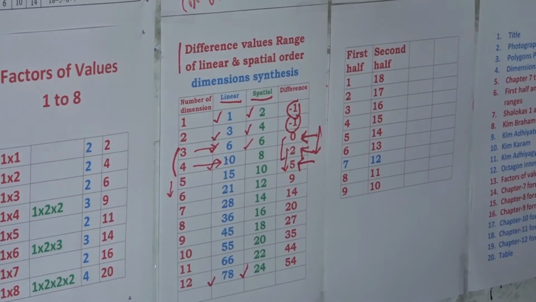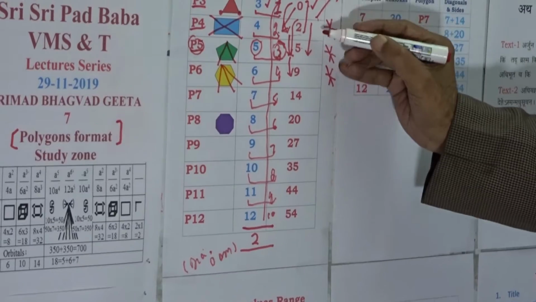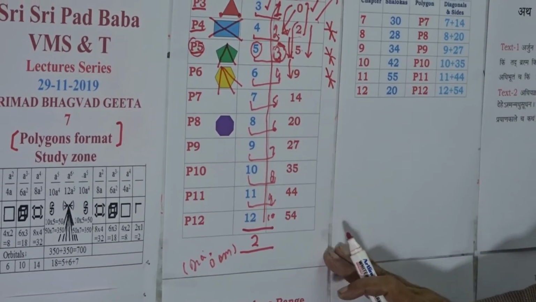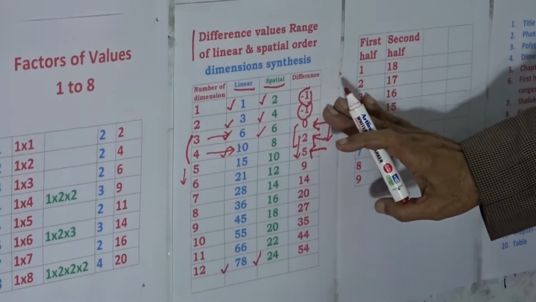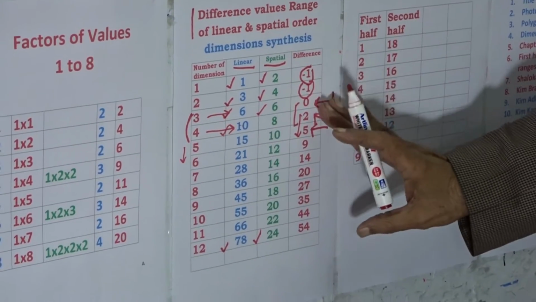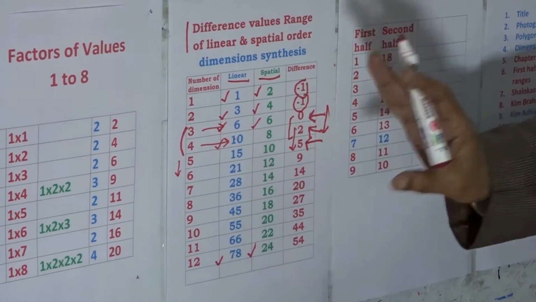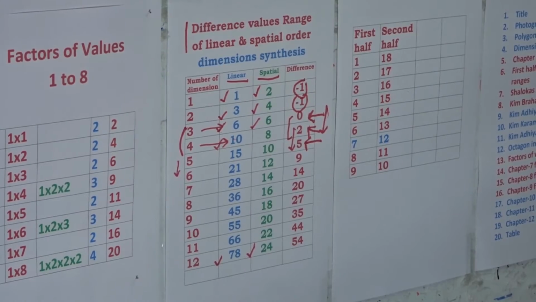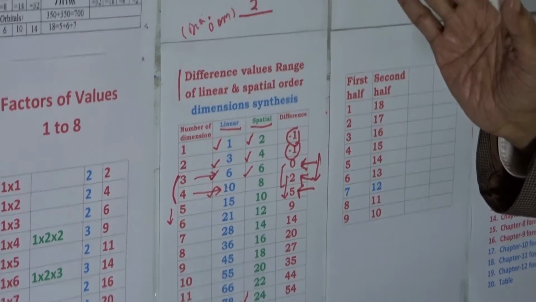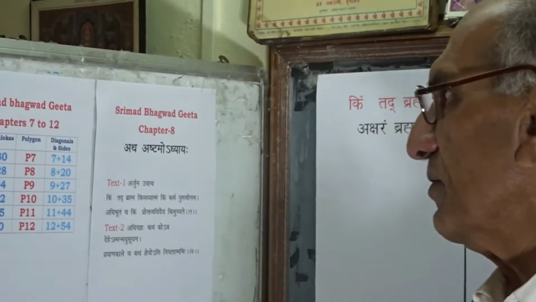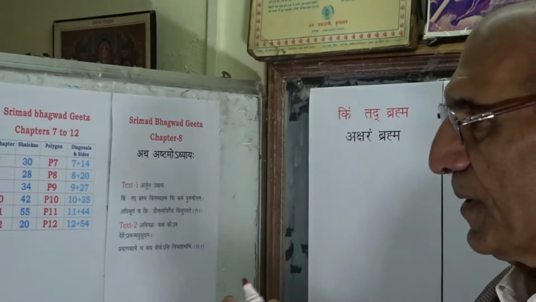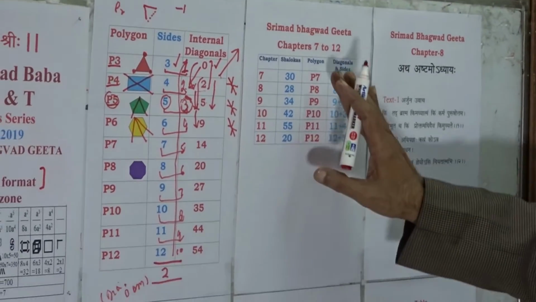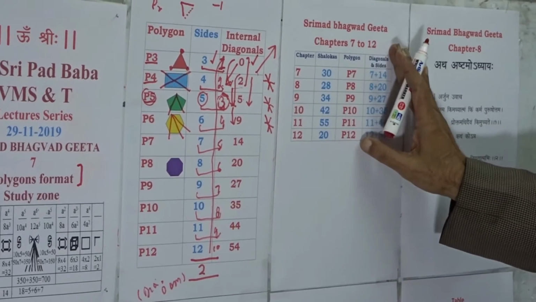It is this parallel feature of the internal diagonals increase and the dimension synthesis values increase, which deserves to be comprehended well to have a proper appreciation of the organization format of the text of Srimad Bhagwad Geeta. In particular, now let us focus upon chapters 7 to 12.